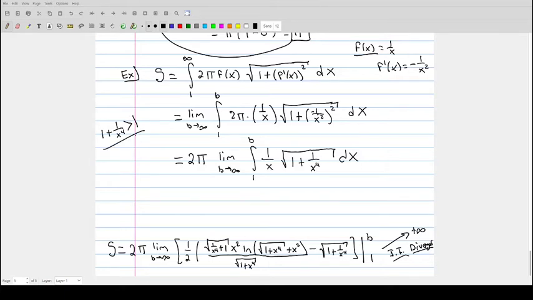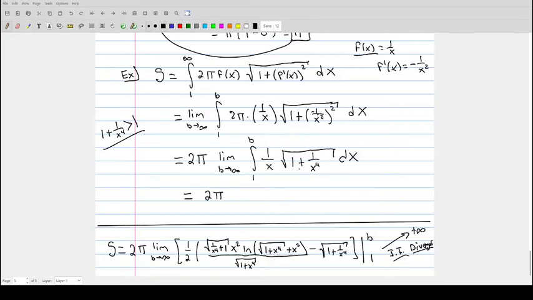So the direct comparison test can be used here to show, without actually doing the antiderivative, that this improper integral has to diverge.